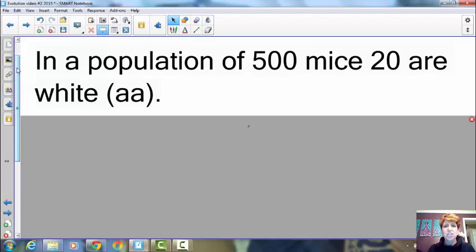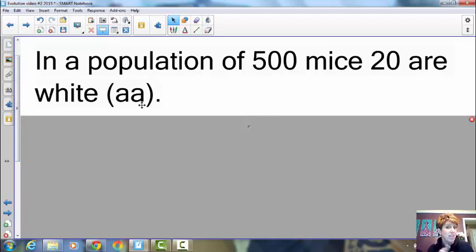I've got a population of 500 mice. 20 of those mice are white, and white is the recessive trait, so they have the phenotype white due to the genotype little a little a. So if I want to find out P, Q, P squared, 2PQ, and Q squared, I can find out everything from the information I have been given. I am given Q squared. So 20 out of 500 mice are little a little a.